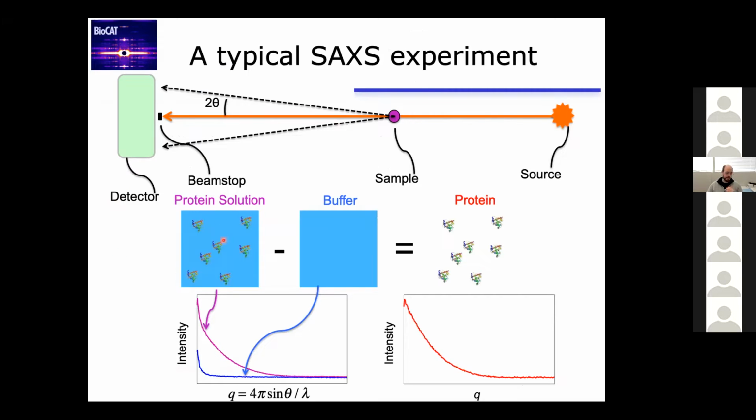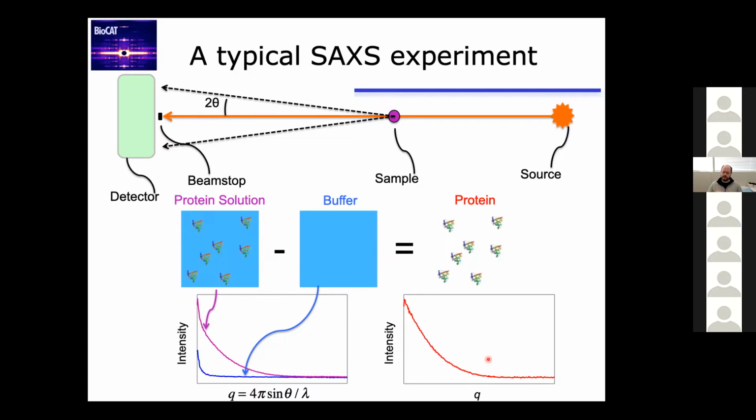It turns out that proteins or other macromolecules in solution don't scatter very much more than the solution by itself. So we measure the protein solution, we measure the solution that it's in, the buffer. We subtract the scattering of the buffer from the protein, and we get the scattering of just the protein by itself. And I've shown that schematically here, and I've also shown it in actual measurements down on the bottom.